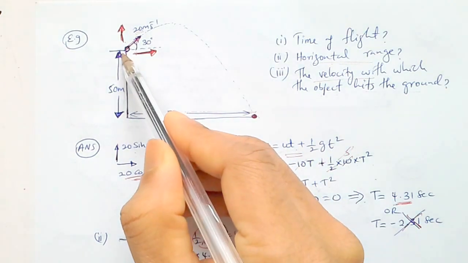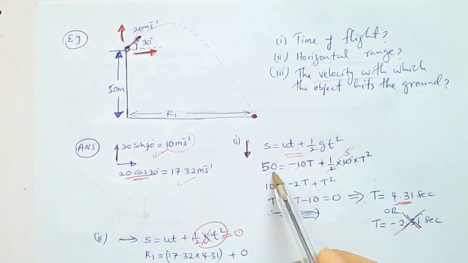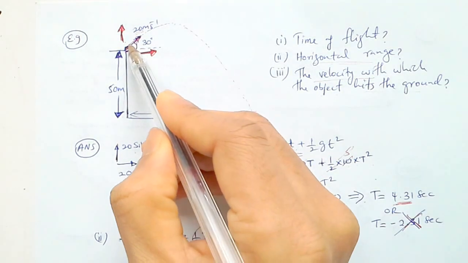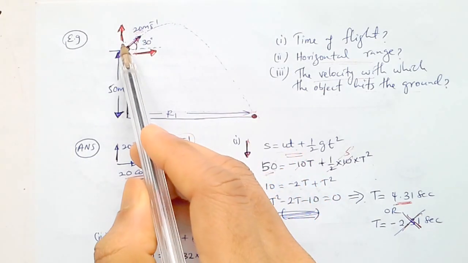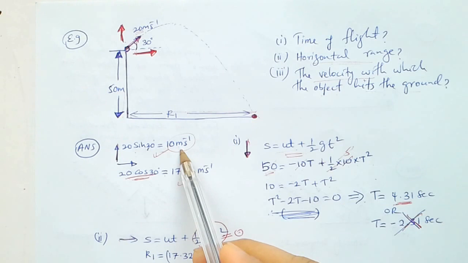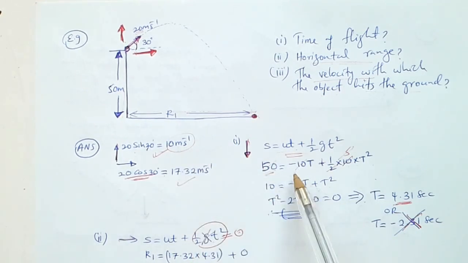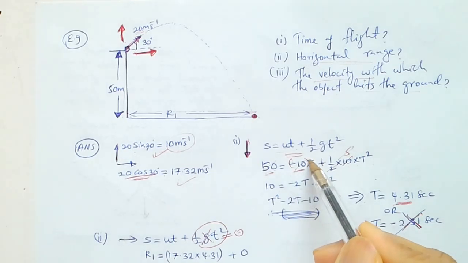The projectile is actually traveling 50 meters downward, so I can put 50. But what is the initial speed? Remember, the projectile is thrown at an angle of 30 degrees, so if you divide, you get a vertically upward component of 10 meters per second. But here we are using the equation downward, so I need to put minus 10. Remember this. Minus 10 into t.